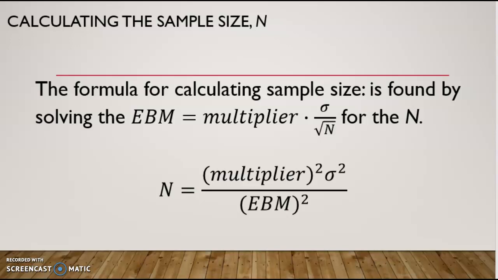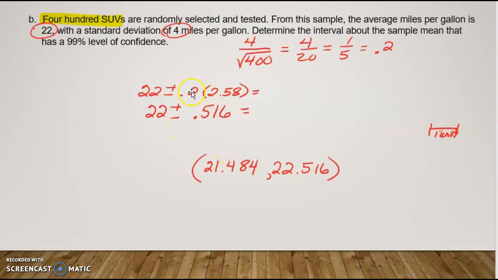Calculating the sample size. Okay, the only thing we've got on sample size, your error bound right here, is that multiplier. And remember, we did that before. Your multiplier, the 2.58, times what we got here, and that 0.2 was the 4 over the square root of n.